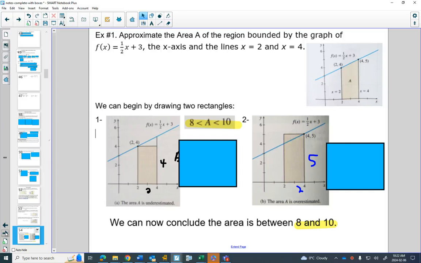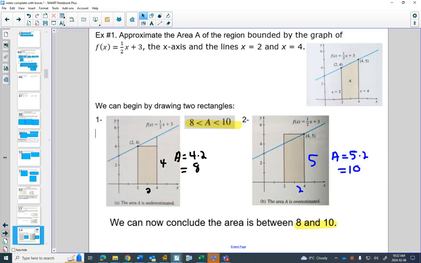But if we look at the inscribed rectangle and the circumscribed rectangle, we could say if I use the lower point at 2, 4, my length is 2, my height is 4, the area of that lower rectangle would be 8. And if I use the larger rectangle, I'd have 5 times 2, and the area would be 10.